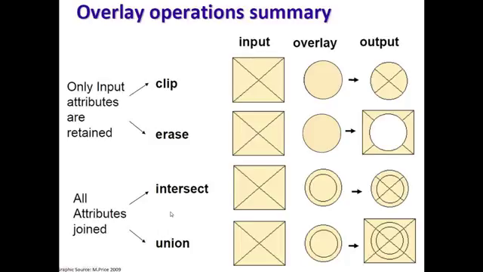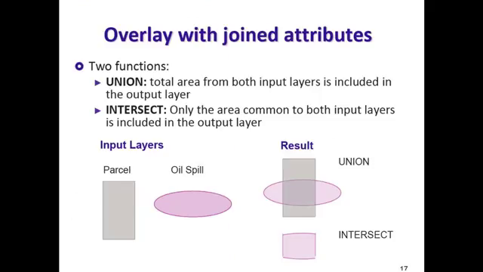They should all seem pretty familiar to you all now, right? Feeling comfortable with those? Okay. Just another summary slide of what we end up with depending upon which overlay function we're going to go with, if we want to keep everything or if we just want a subset of it with intersection.